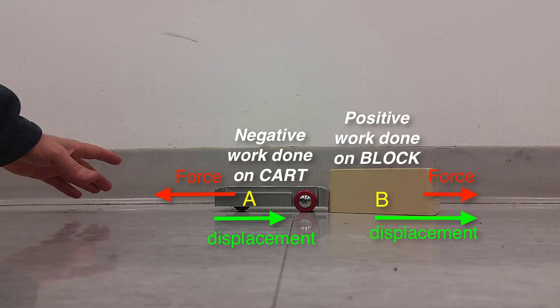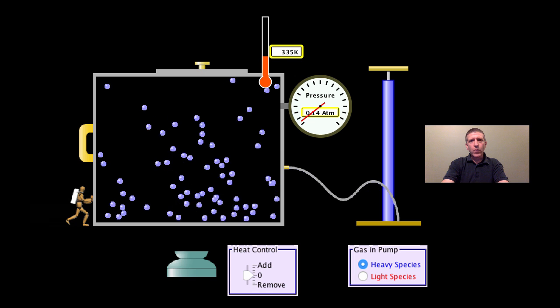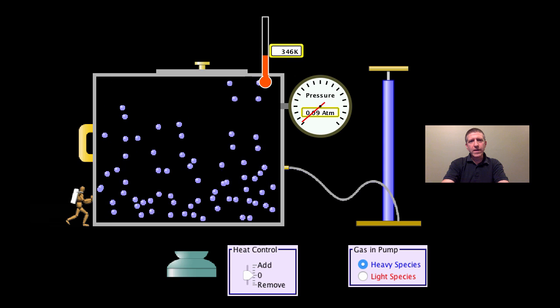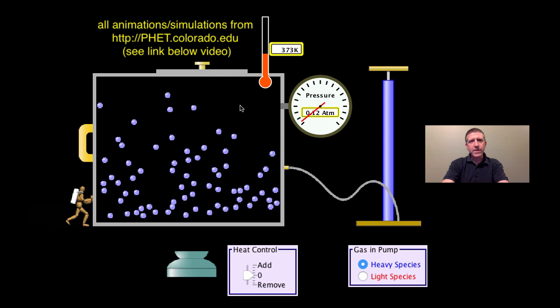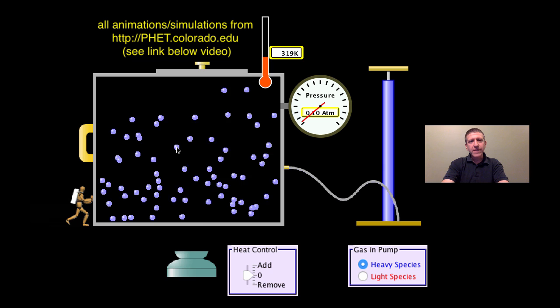The symbol W is always work done on the gas. So if the work done on the gas is negative, that's just saying the gas does positive work on something else, like the environment. What I've got here in this demo is a gas trapped in a container, and it is an ideal gas.